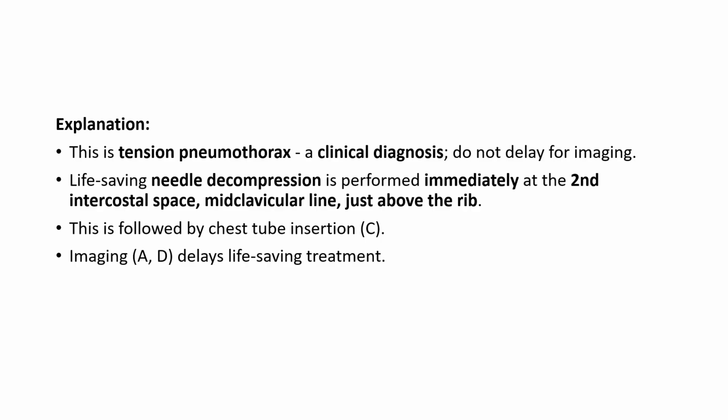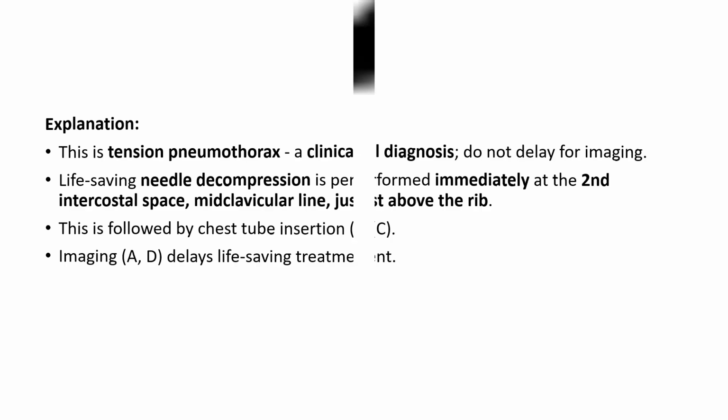Thereafter, you follow with a chest tube drainage at the fifth intercostal space, mid-axillary line. X-ray or CT scan would delay management, so this can be done later. Always treat tension pneumothorax clinically, not radiologically.